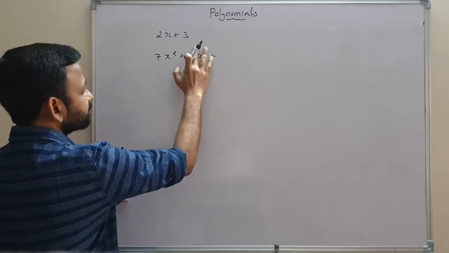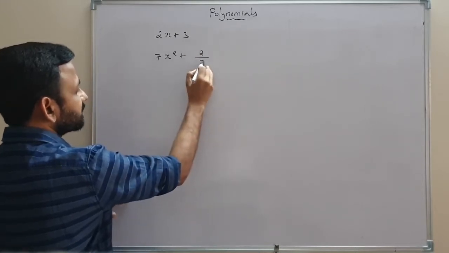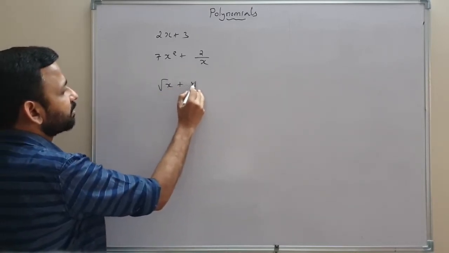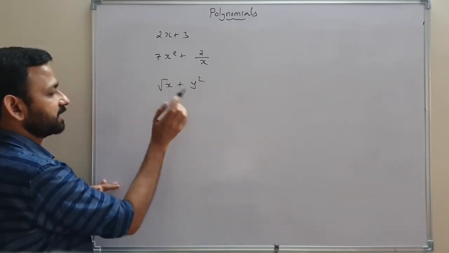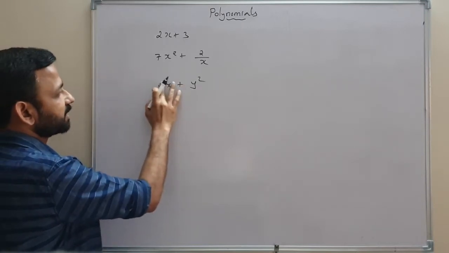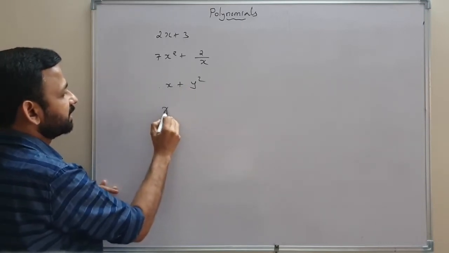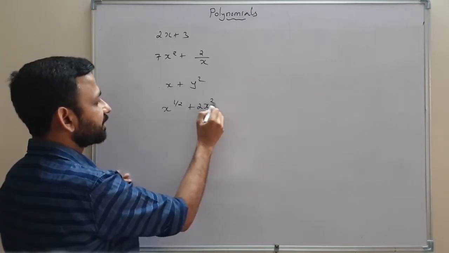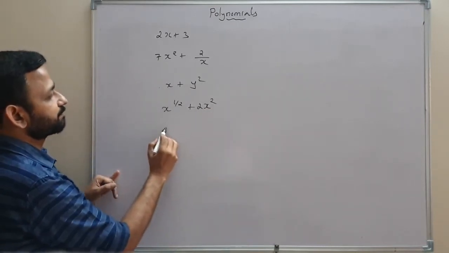7x square plus 2 by x is another algebraic expression. Root x plus y square is an algebraic expression. X raised to 1 by 2 plus 2x square is an algebraic expression.